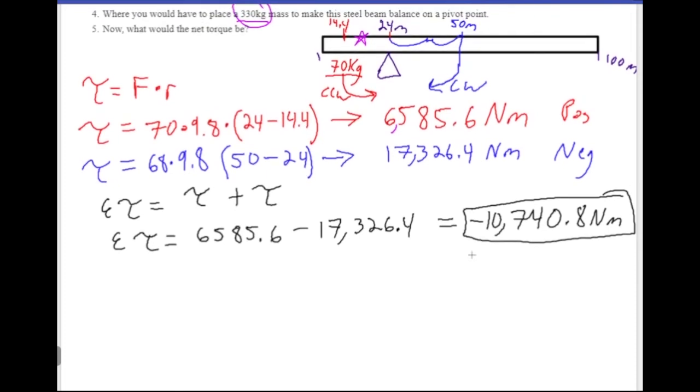So a way that I would approach this to figure out exactly where I need to place it is I would take what my net torque is and set it equal to the torque supplied by the 330 kilogram mass. The reason I'm doing that is because I know that if my 330 kilogram mass has a torque equal to this net torque, then there will be 0 net torque on this beam, meaning that it will balance out.